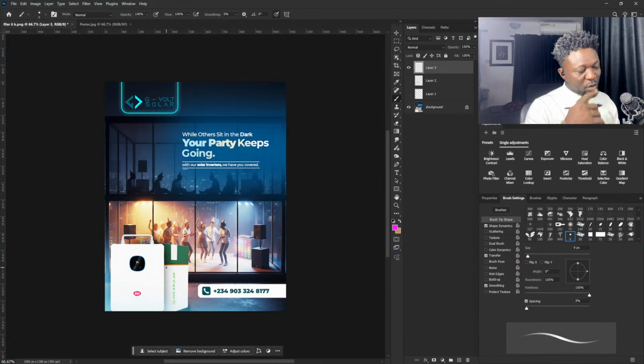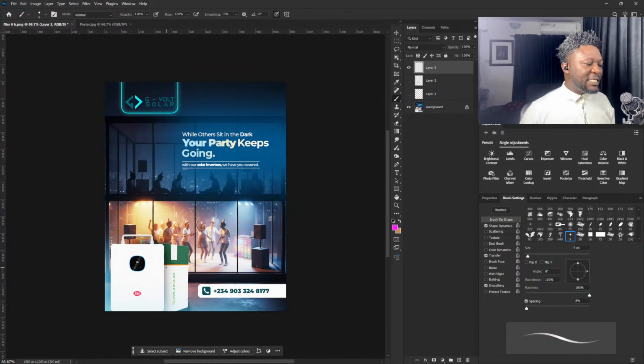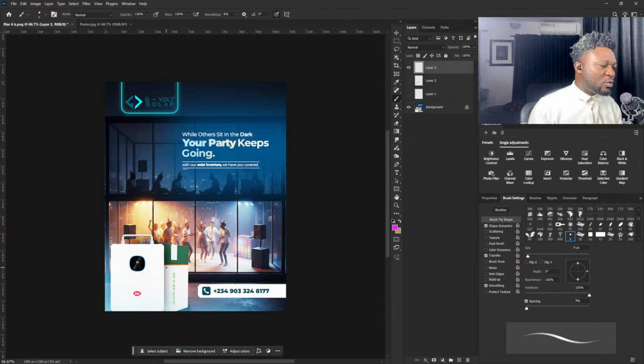And then the other thing I noticed that the designer did not really play with well here is the way the designer broke the title. The title says, "While others sit in the dark, your party keeps going." Now, you see this, your party keeps going, is too long for you to make it attractive to the viewers.